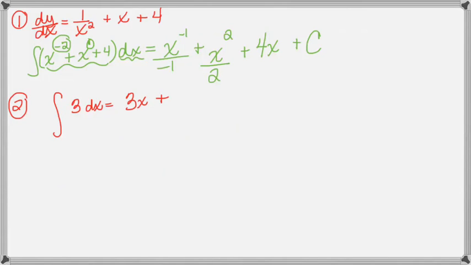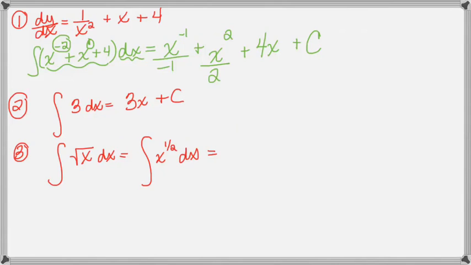Kind of breaking these down a little bit, if I'm talking about the antiderivative of the square root of x dx, well, I need to fix it first, similar to when I had to fix it with my derivative. It'll be x to the 1/2. And so I'm adding 1 to 1/2, that'll be 3/2, and then I'm dividing by 3/2. Again, don't forget your plus c.